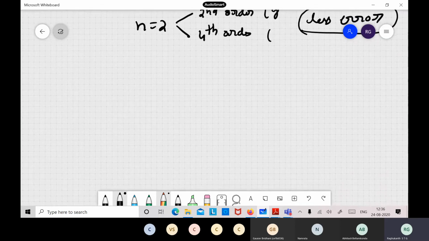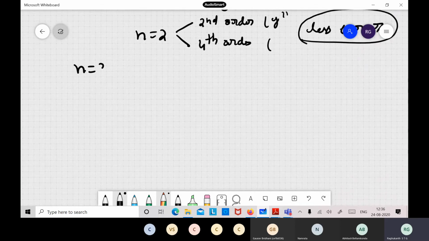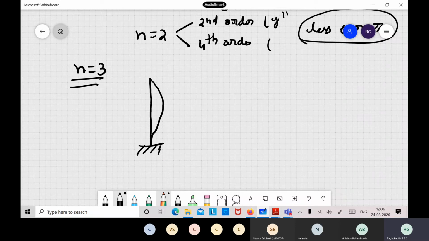Now the same problem: if you take n is equal to 3, that is three points, this is your buckling mode shape. Now we are dividing it into more points, so this is your y1, y2 and y3.